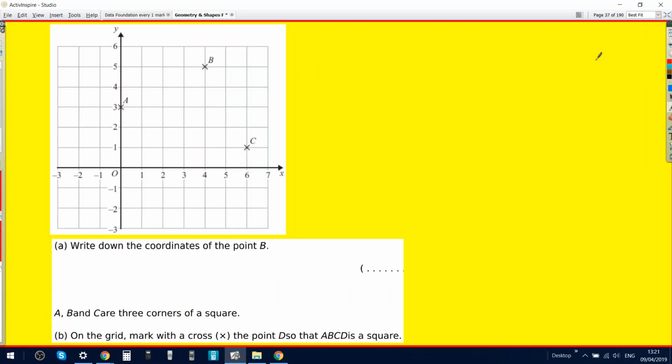This time they want, okay, let's do part B. On the grid, mark with an X the point D, square.